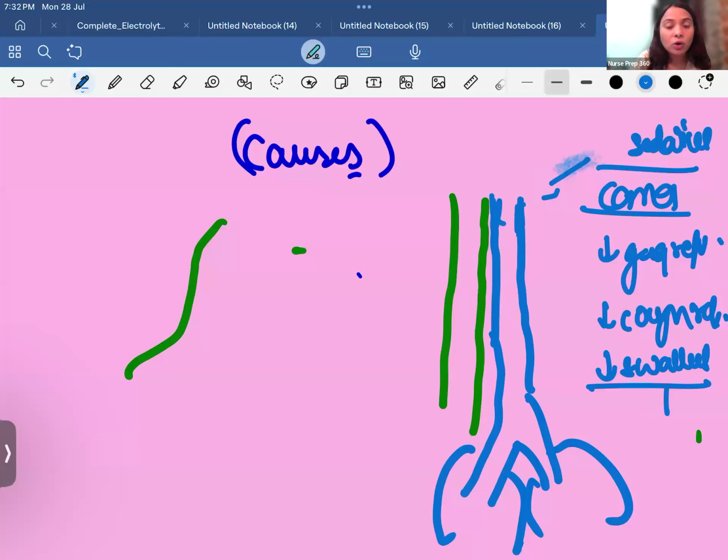Who performs the swallow test after bringing back a patient from anesthesia? Who performs the swallow test when you bring back a patient from OT? Do you know what a swallow test is? Anyone?